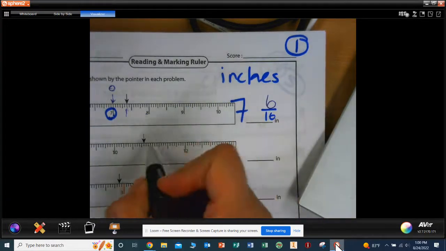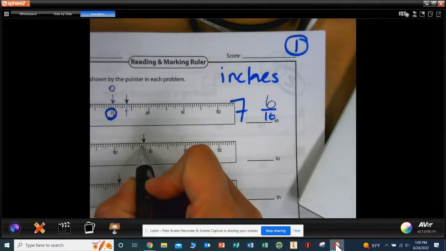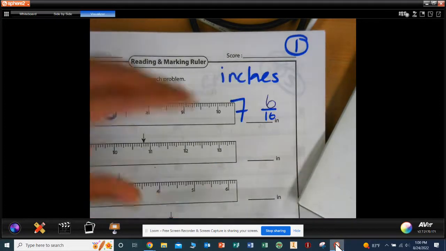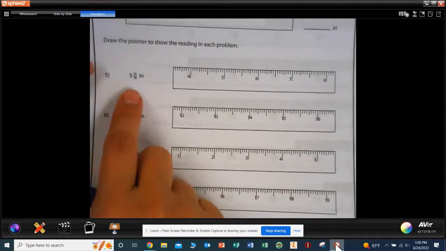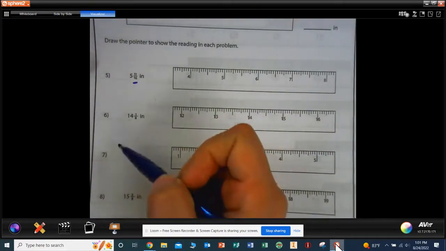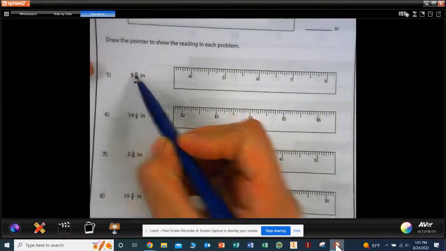8, 9, 10, 11, 12, 13, let's see, 15, 13. All right. The bottom part, you're actually going to graph 5 and 11/16. So you know the denominator is 16. That's cool. So the 5, you go all the way to the 5.